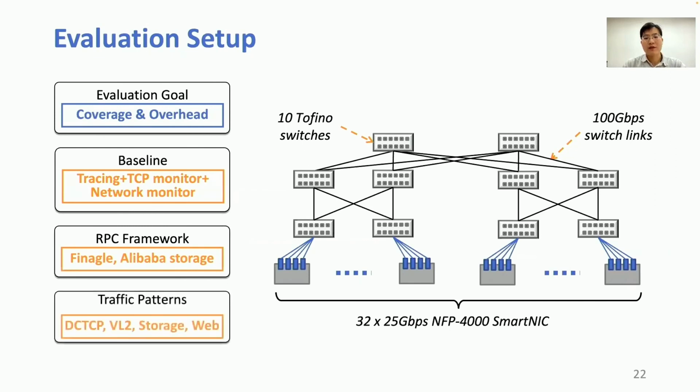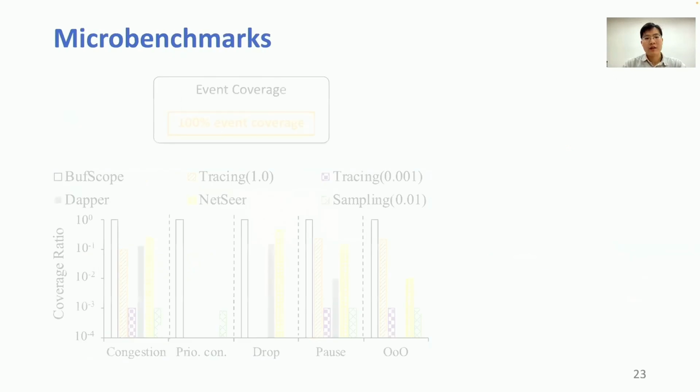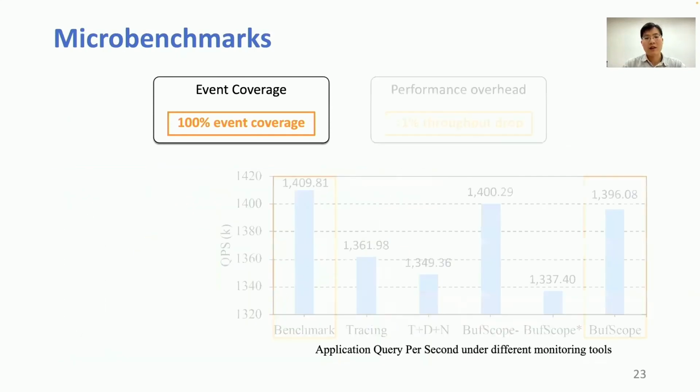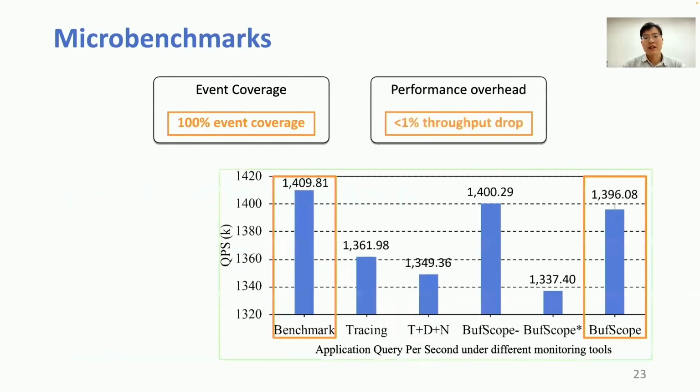We use traces from literature for evaluation. Evaluation results show that BufScope can fully detect 5 types of buffer events. Moreover, BufScope only decreased the application QPS by 1% compared with the original application without any monitoring.